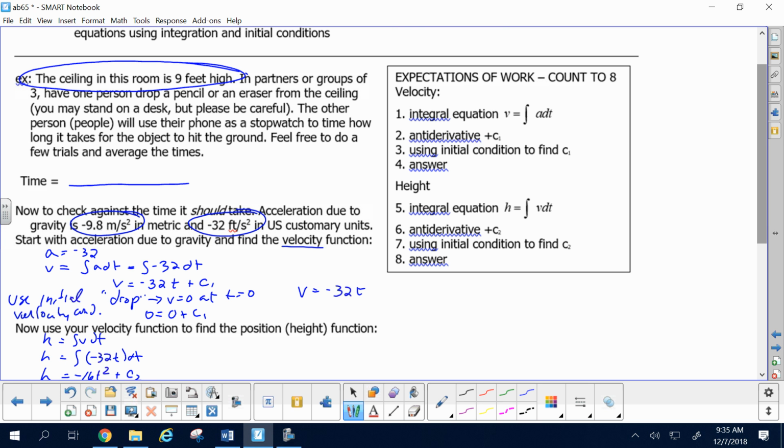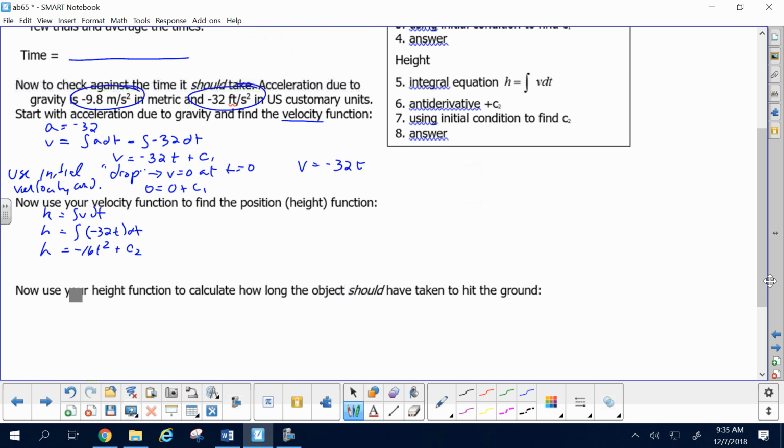So what's the initial condition? At time 0, height is 9. So that tells you that 9 equals 0 plus c2. So from that, obviously, c2 has to be 9. So your height is negative 16t squared plus 9.